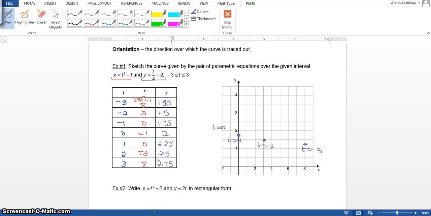When x is 0, y equals 2.25. It does come back. When x is 3, y equals 2.5. This is at t equals 2. And when x is 8, y equals 2.75.